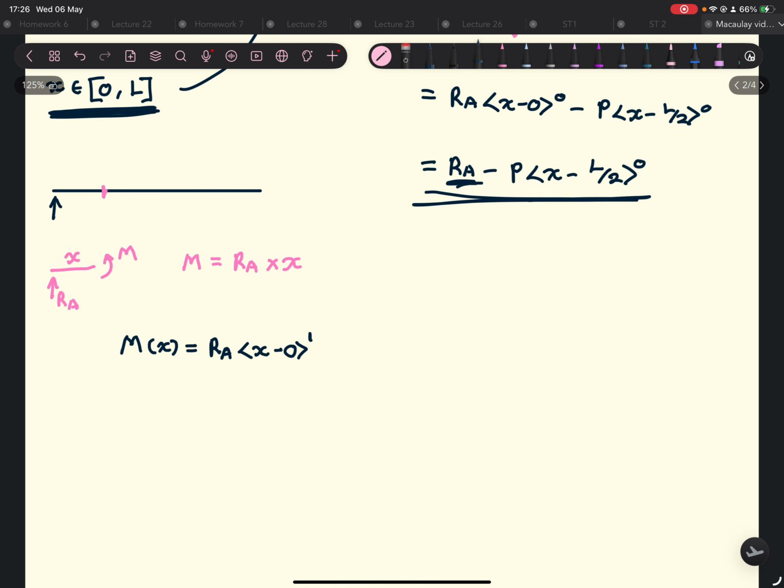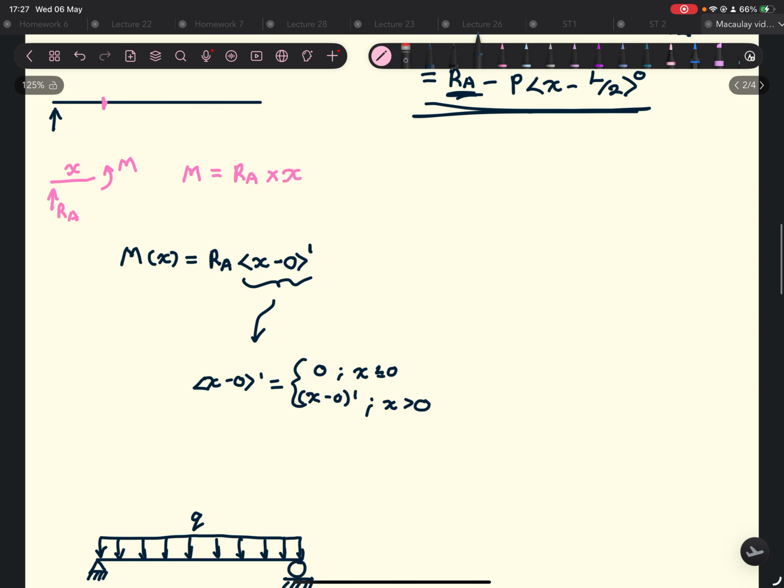We can simplify the Macaulay brackets themselves and say that x minus 0 to the power 1 is equal to 0 when x is less than or equal to 0, and then we get x minus 0 to the power 1 when x is greater than 0. Okay, so from this, we basically get x when x is greater than or equal to 0, or greater than 0, however you want to write it.